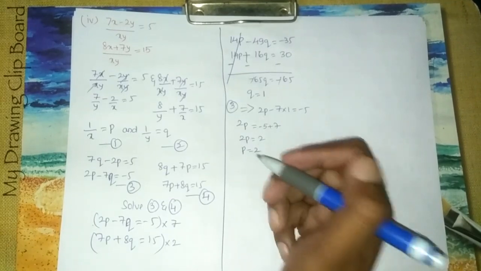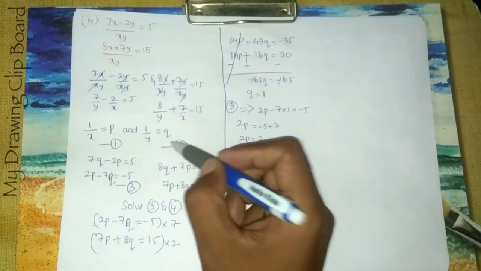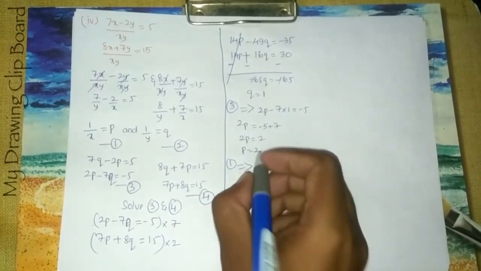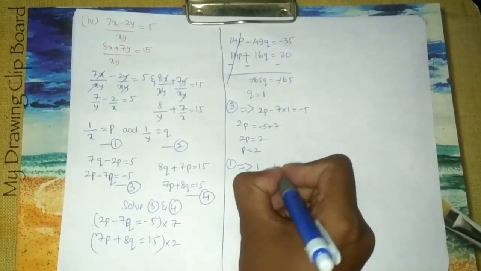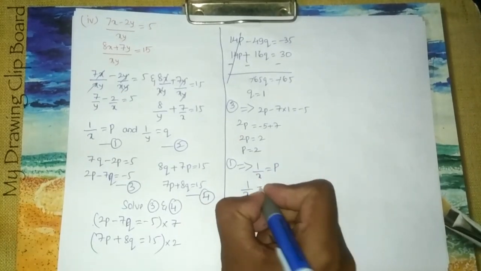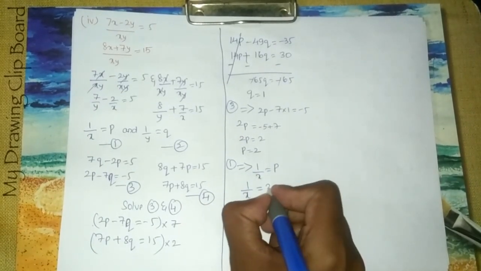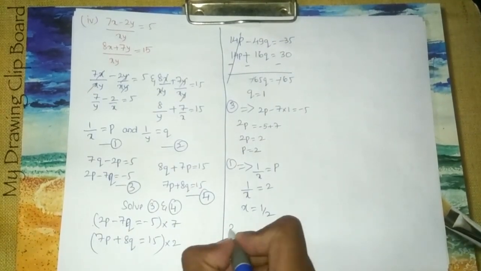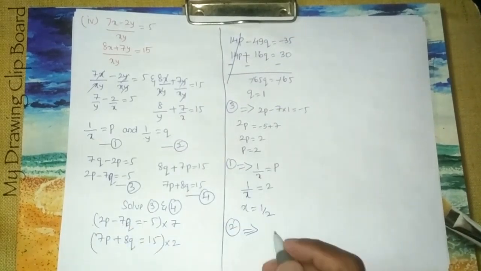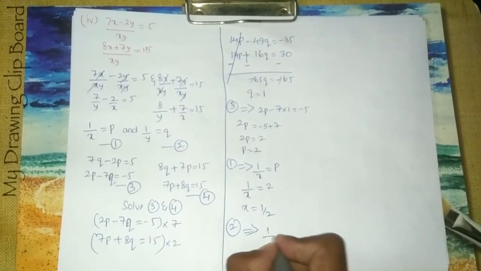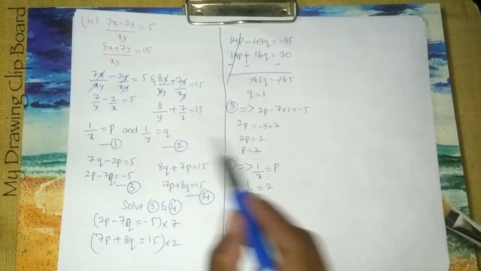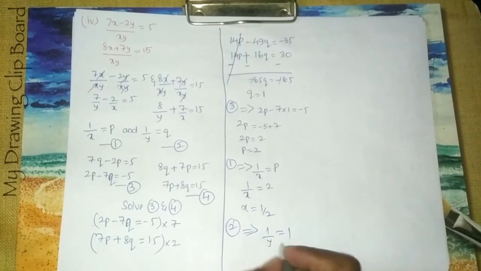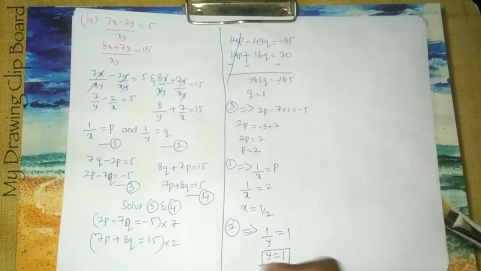Now to get the value of x and y, substitute p in equation 1. Equation 1 is 1 by x equals p, p is 1, so x equals 1. And to get y, take equation 2, which is 1 by y equals q is 1, so y equals 1.